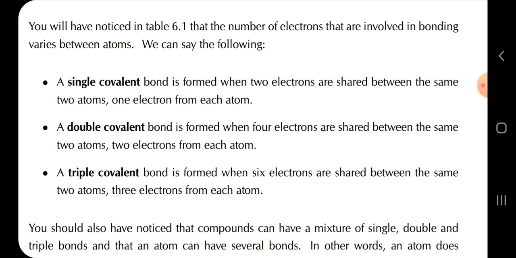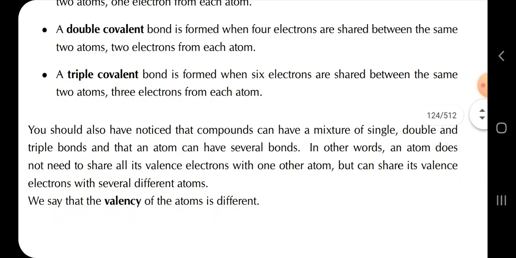So if oxygen needed just one valency electron from the carbon, it was going to be a single covalent bond, but it needed 2, so it was a double covalent bond. If it needed 3, it was going to be a triple covalent bond, which is formed when 6 electrons are shared between the same 2 atoms, 3 electrons from each atom.